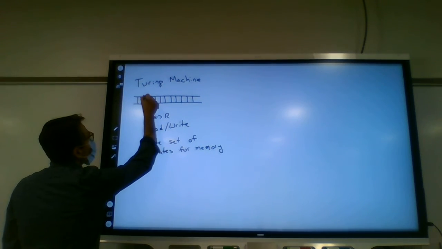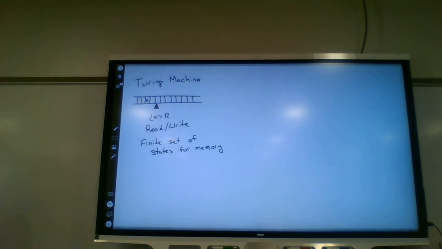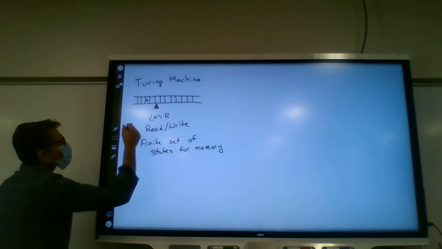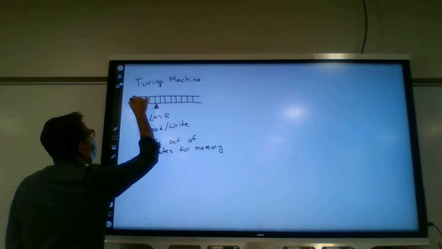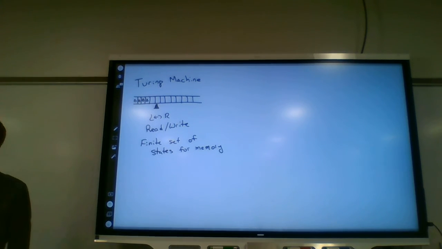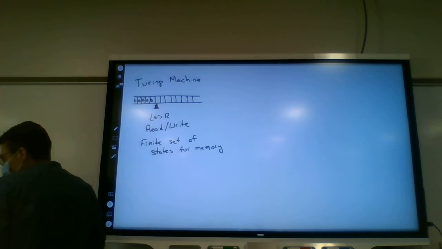An empty cell on the tape, we will represent with our triangle, the same way we did with stacks. So if you had absolutely nothing at all on the tape, every cell would have this symbol.